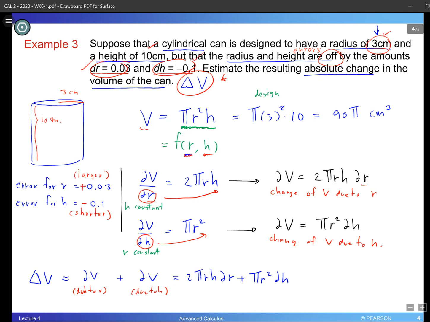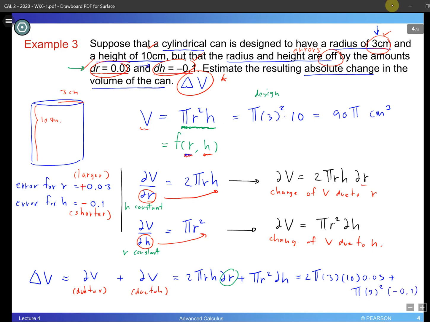Put them all into this expression and it's going to be equal to 2 pi, r is 3, h is 10 centimeters, and this dr, we also have the value for that, and that is 0.03, plus pi r squared, r is 3 squared, and dh is equal to minus 0.1.